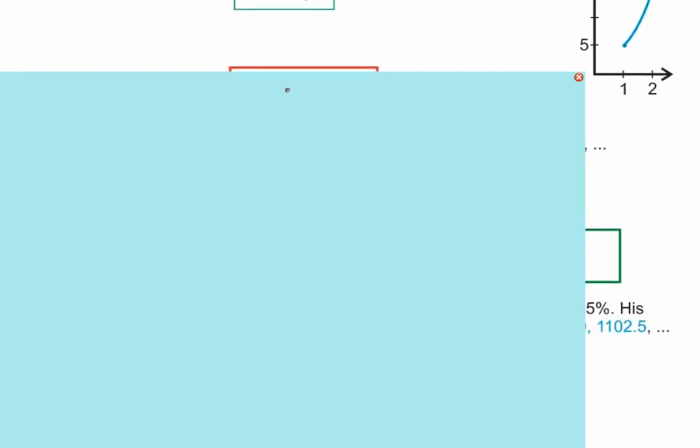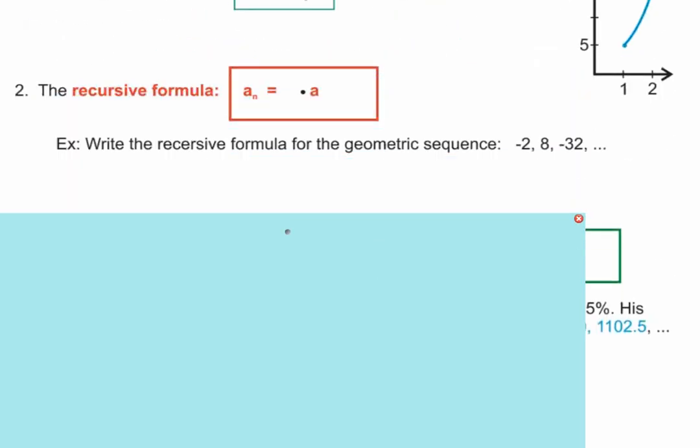So that's the idea. We've got to have a recursive formula. The recursive formula: some put the R in front, some put the R in the back. It doesn't matter, commutative property, right? And the second A is A sub n minus 1. You always got to associate the recursive formula with the previous term.